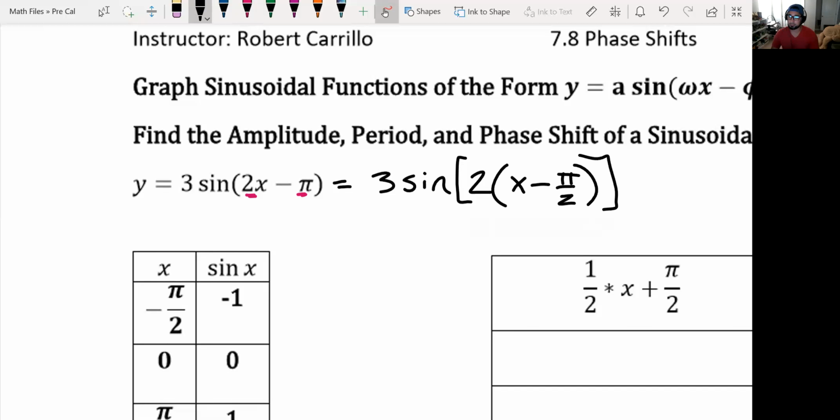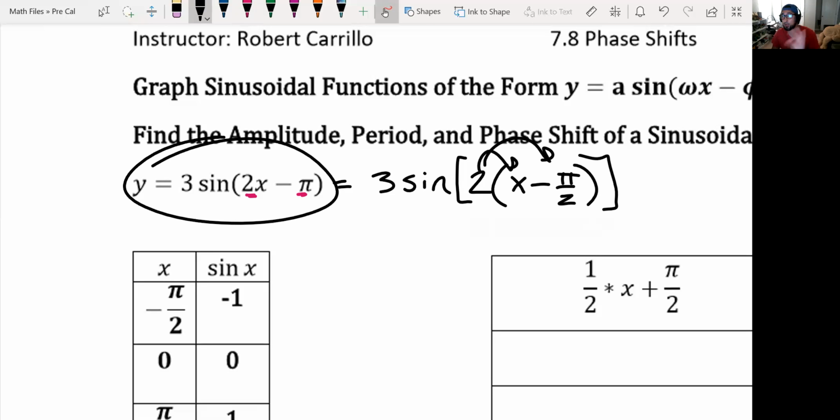That's it. I factored the 2 out. If you want to check your factoring to make sure it's correct, just distribute it back in. And if you do, you're going to get the original function back. This is the original function. All we did was factor a 2 out of the inside.